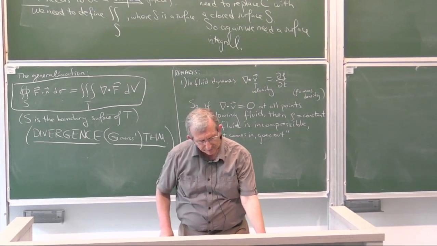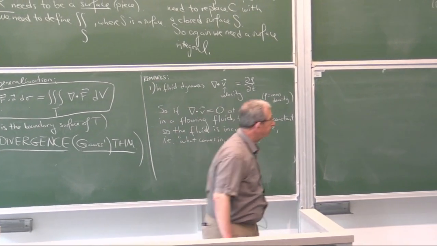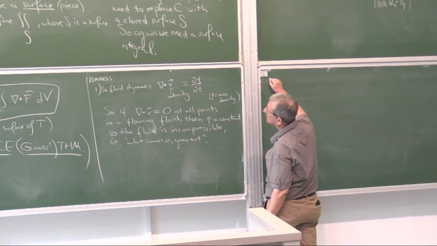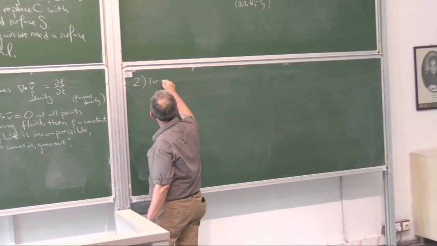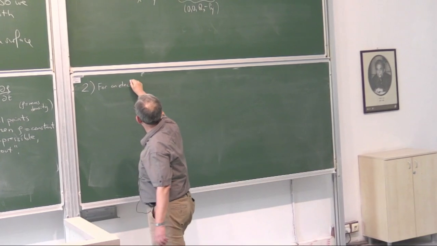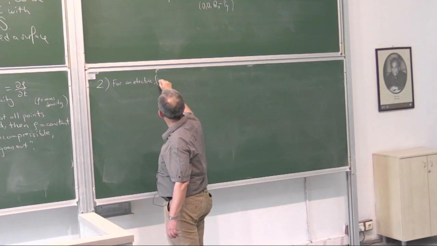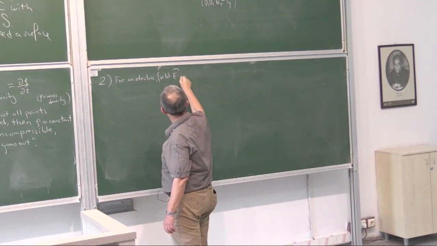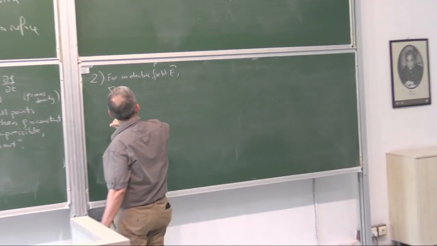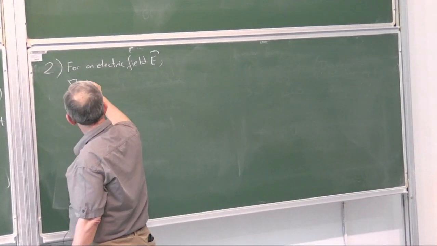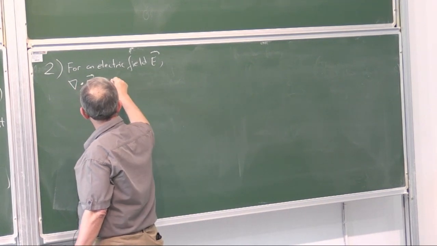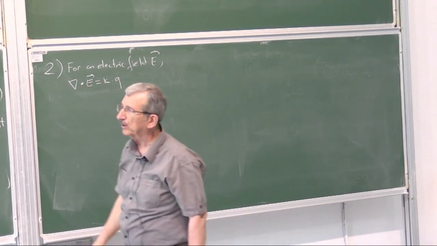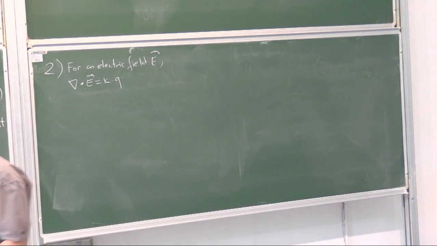Now, for an electric field, let me say a second remark. We have del dot E equal to a multiple of Q, where Q is the charge density.